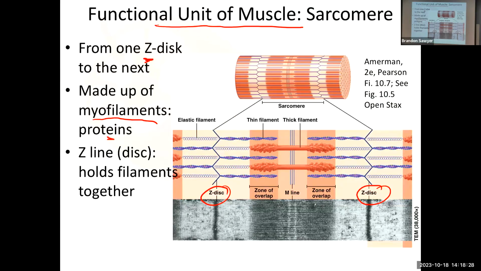Those Z discs are really part of the lines that make muscle look striated. We can see a microscopic image there. There's an M line, there's a Z disc. Both of those are part of the lines that give it that striated look. So we're going to look at all those proteins.